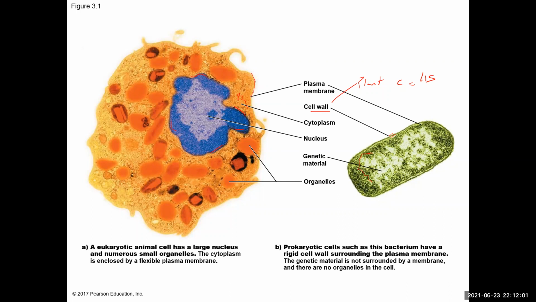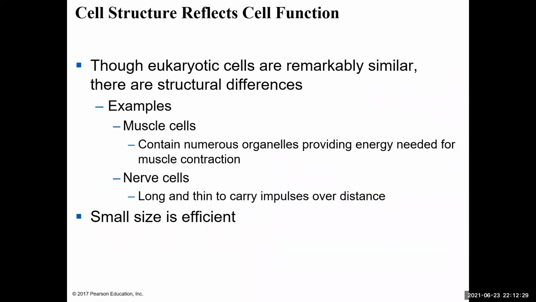And you can see the light green material, and that's the genetic material that's floating around in the prokaryotic cell. And then all of these other structures, these round structures that you see in this image on the left in the eukaryotic cell, all of these structures, right, are other membrane-bound organelles. So all of those are organelles that, again, have a specific function and a specific role to carry out in those eukaryotic cells.